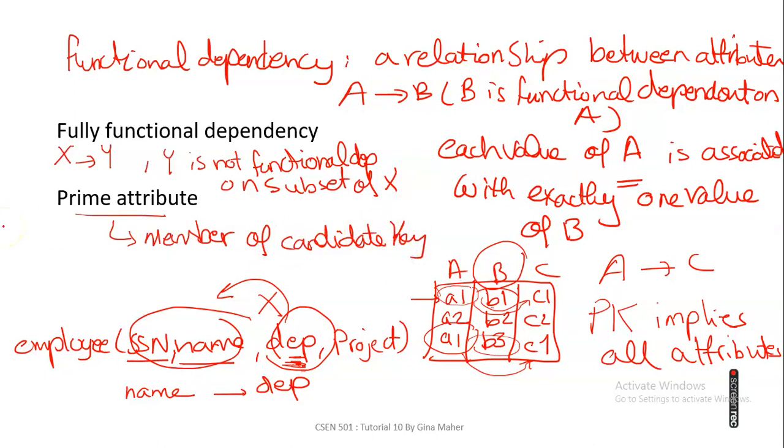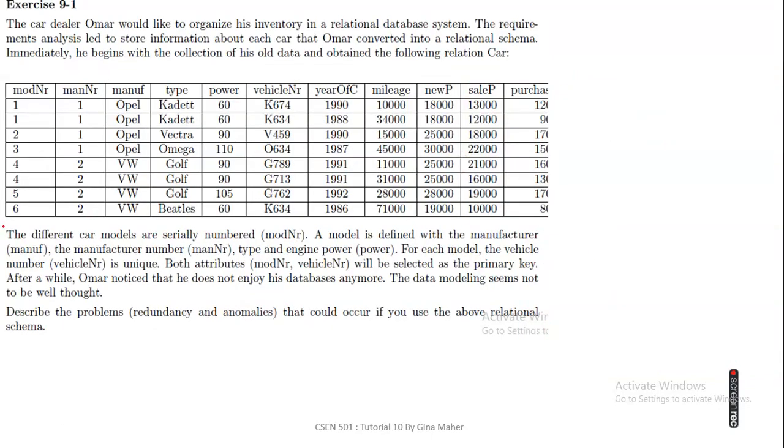Okay? Let's solve some examples. Exercise number 1. The car dealer Omar would like to organize his inventory in relational database. The requirement analysis led to store info about each car that Omar converted into a relational schema.